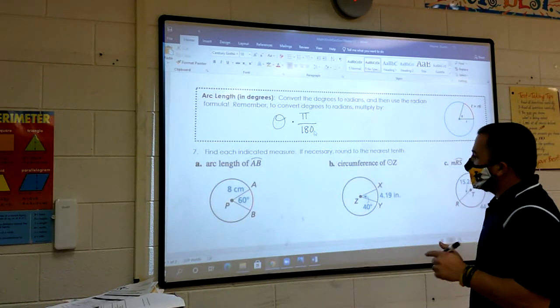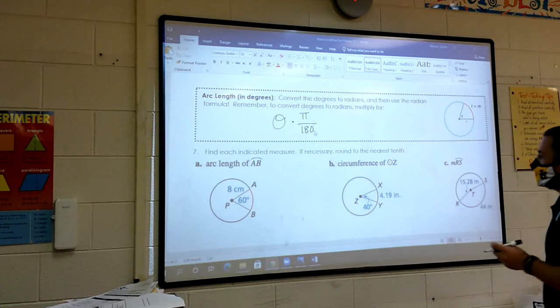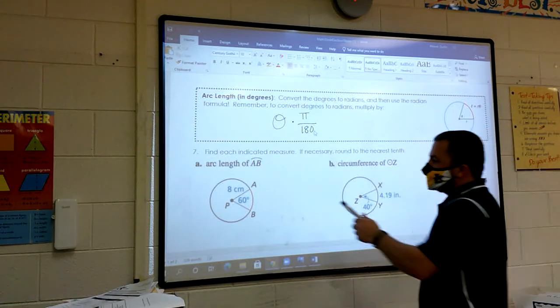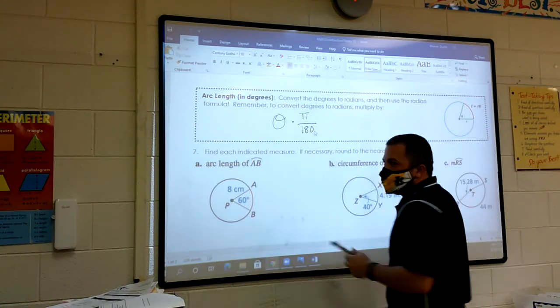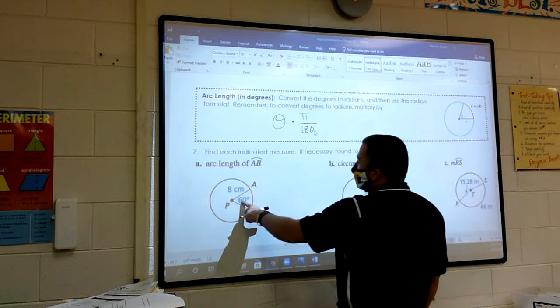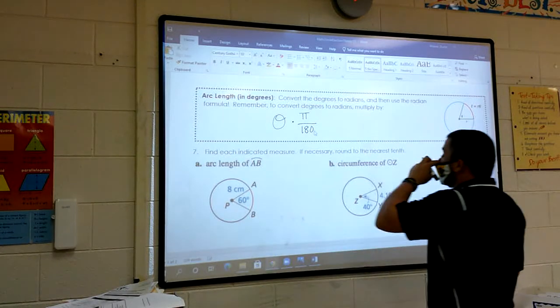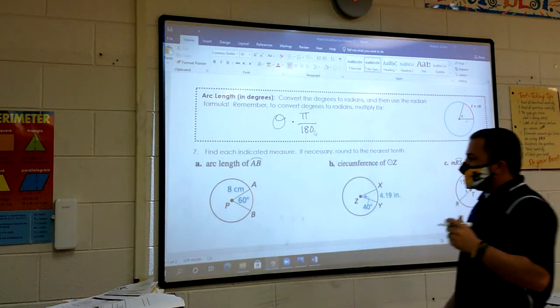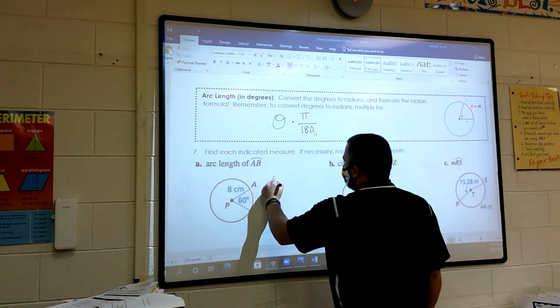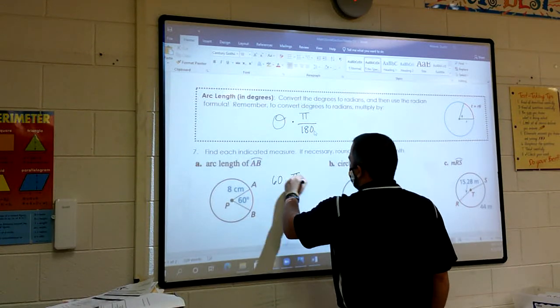If I want to find the length, I have the angle and the radius. The first thing I need to do is make this angle into radians. So I'm going to say 60 times pi over 180.